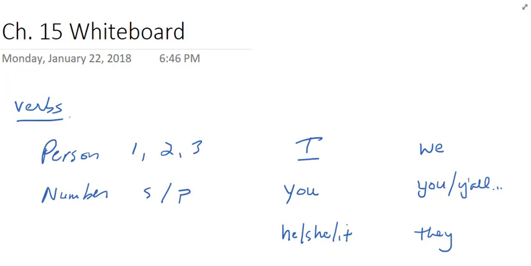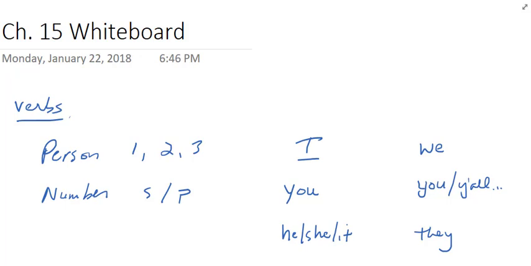What I want to do, at least for chapter 15 material, is just go over a really quick review of English verbs and just talk a little bit about what we know, introduce a little bit of the Greek concepts behind Greek verbs, and then use some of the English grammar to try to encapsulate some of that. But then we'll go into chapter 16 and actually start talking about how to form present, active, indicative verb forms and how to use them.